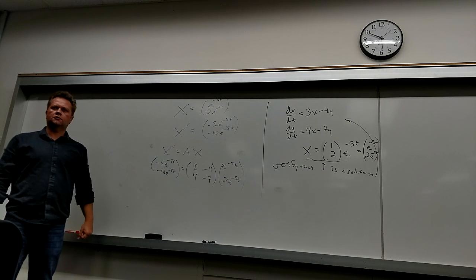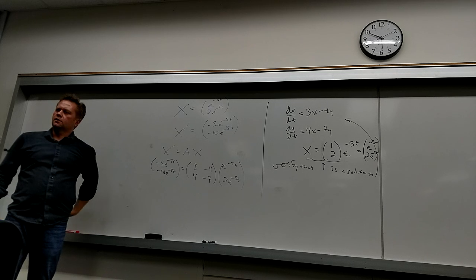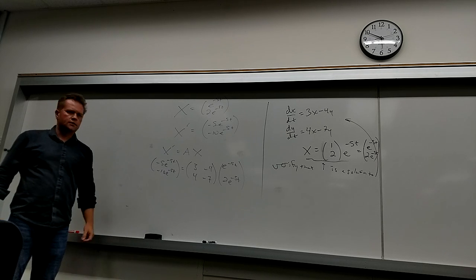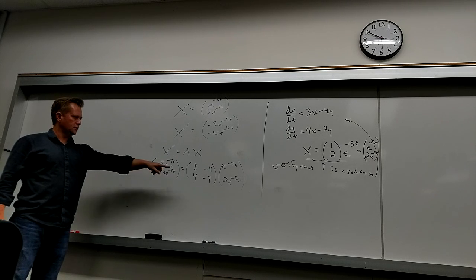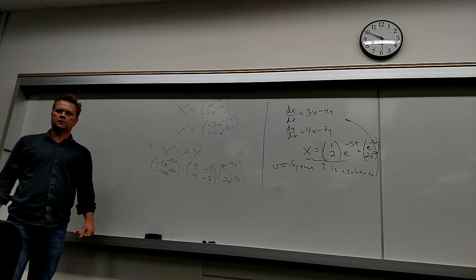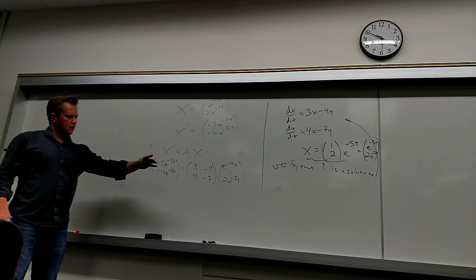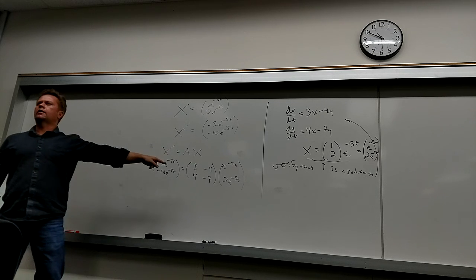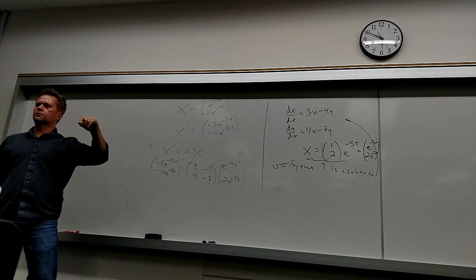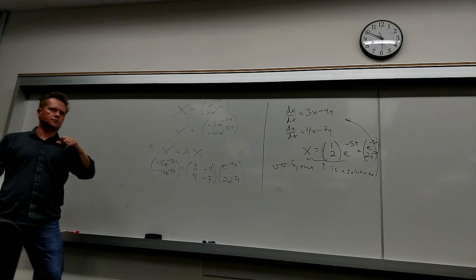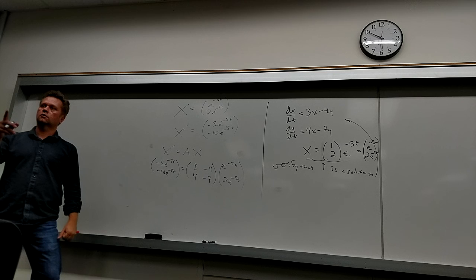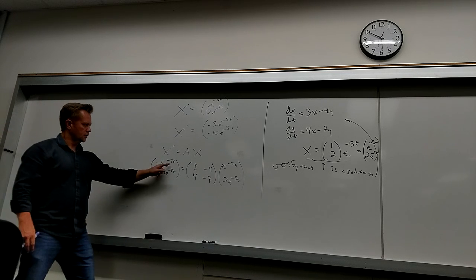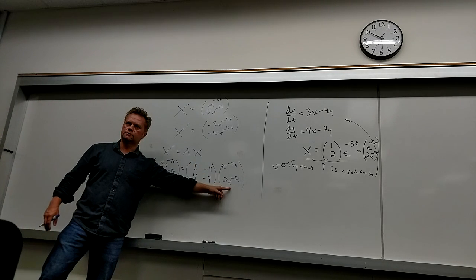Now, one thing you can realize, well, I wanted to see if you guys would realize this: do you see how you can just divide the e to the negative 5t away? It's a little weird. If you don't see that, it's okay. Do you guys remember how to multiply matrices? You can divide the e to the negative 5t away.